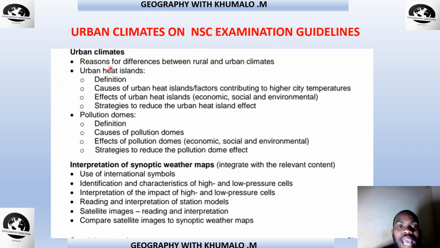So the urban climates, the examiners expect you to know the reasons for difference between rural and urban climates. The urban heat island. Under the urban heat island, you must know the definition, the causes of urban heat island, factors contributing to high city temperatures, effects of urban heat island, looking at economic, social, and environmental effects, strategies to reduce the urban heat island effect.